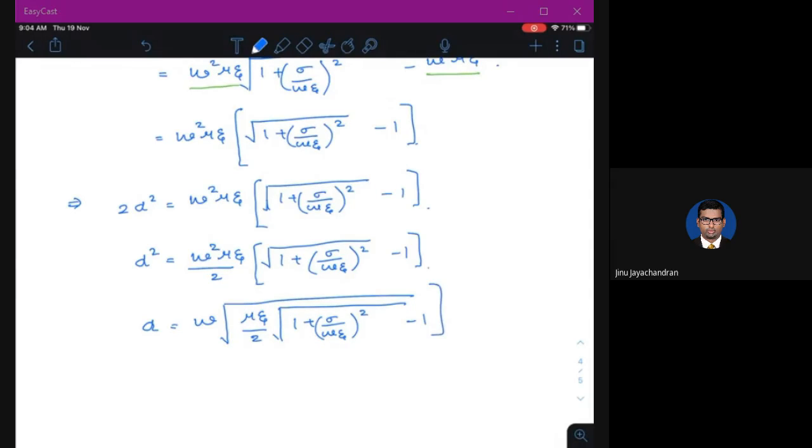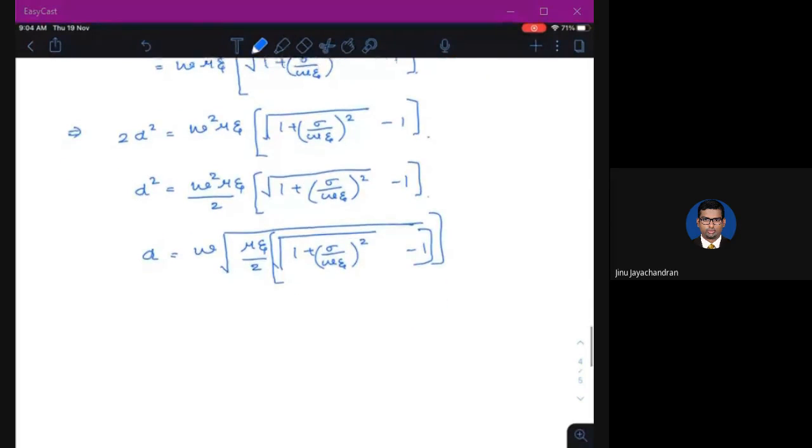This minus 1 is actually outside the inner square root. So the value of the attenuation constant in general is omega square root of mu epsilon by 2 times square root of 1 plus sigma by omega epsilon the whole square, minus 1.